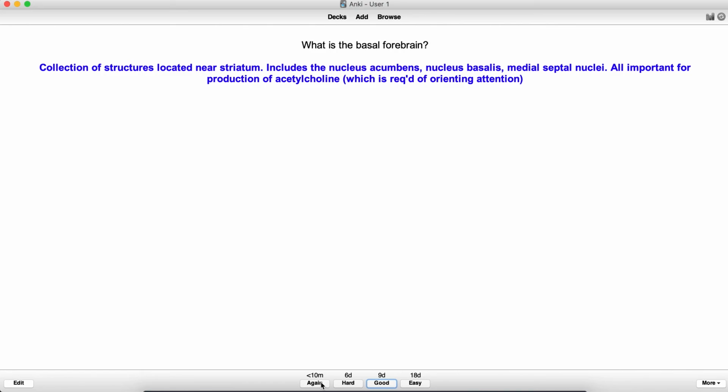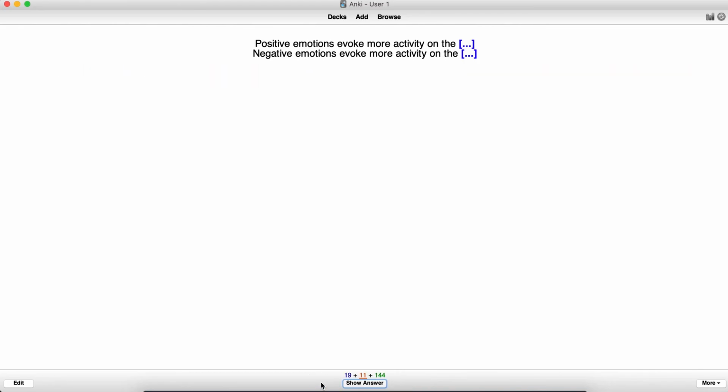Nucleus accumbens. Positive emotions evoke more activity on the left side of the brain, while negative emotions evoke more activity on the right side of the brain.